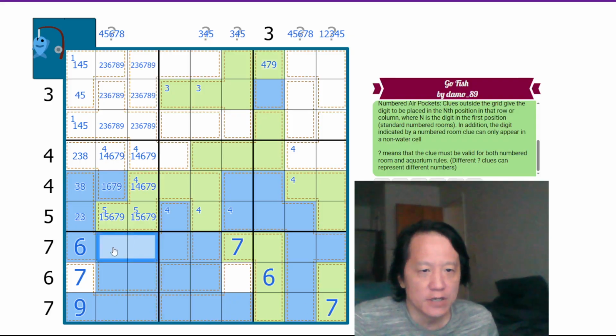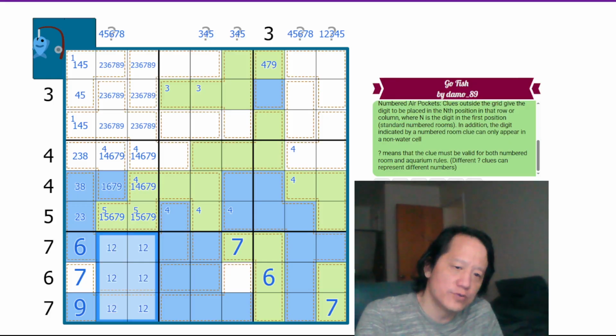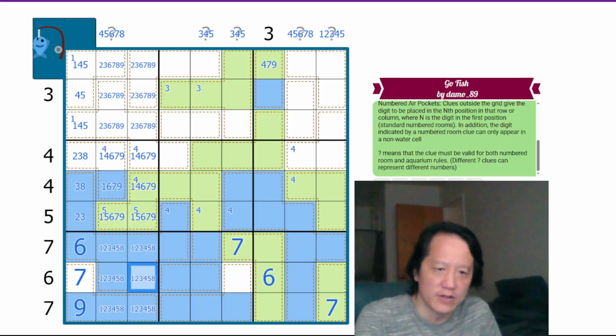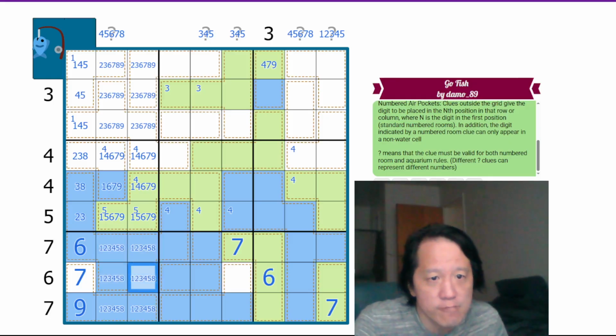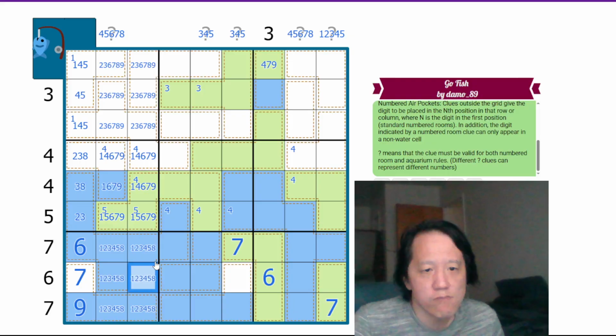Remaining digits. Oh, there are no repeats in any cage. So we have 1, 2, 3, 4, 5, and 8 available in box 7. Four cannot be here.